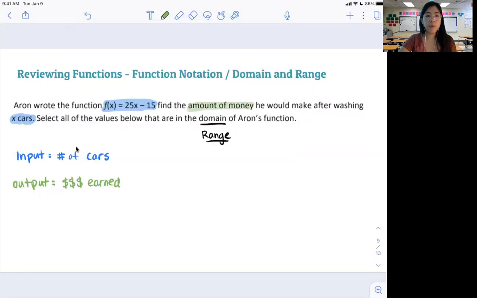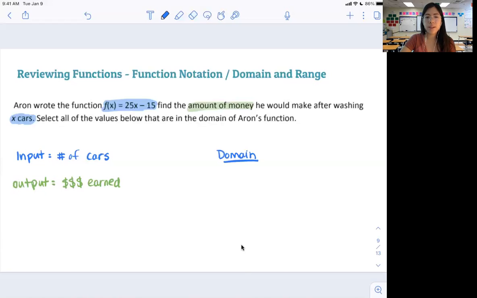After you figure out what the input represents and what the output represents, you can think about what numbers you can have and what numbers you can't have. So let's talk about domain. Domain would be my x values. So what types of numbers are allowed and what types of numbers would not make any sense, considering this is real world.